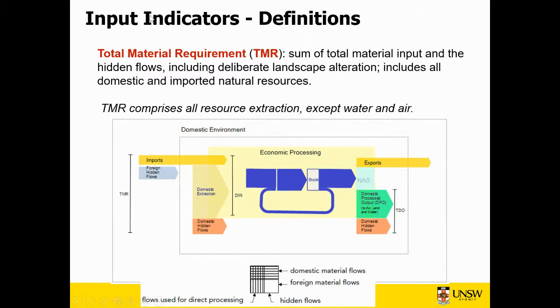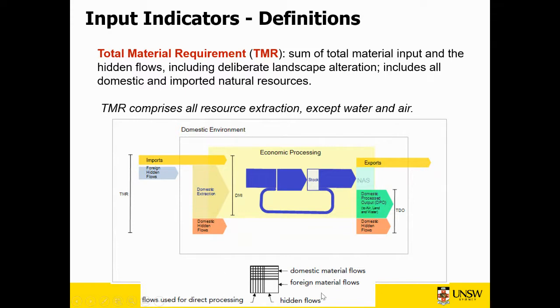So this one is possibly the broadest indicator of environmental pressure in terms of requirements for this national economy. Okay, so this is all the inputs in terms of all the environmental material extraction.